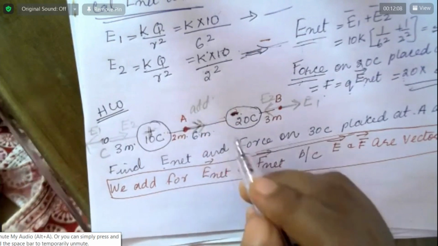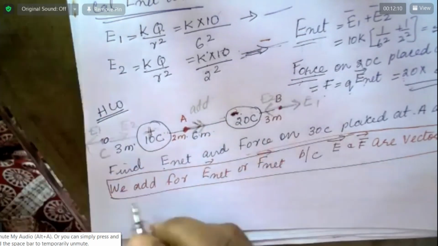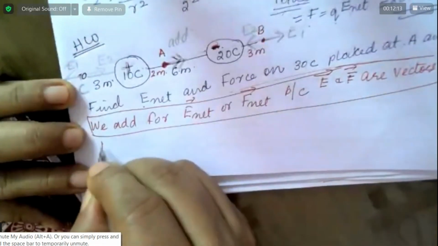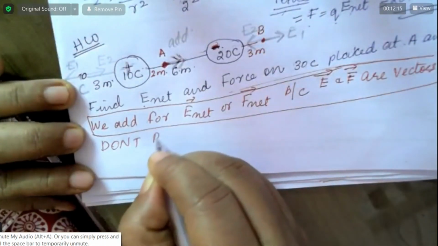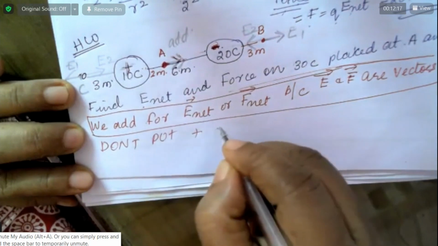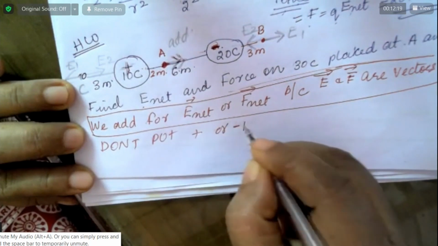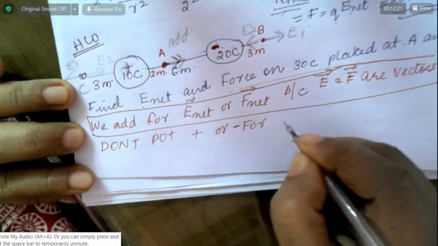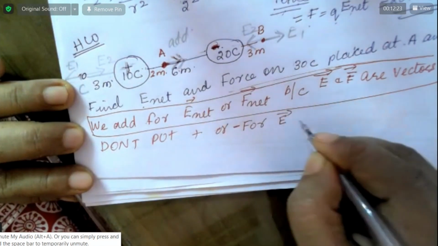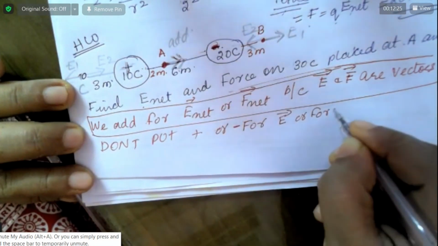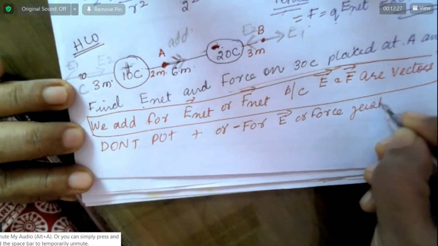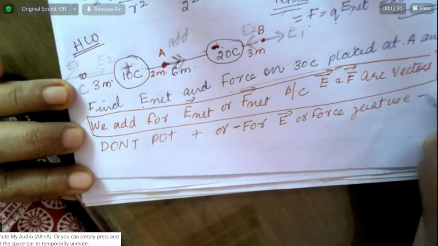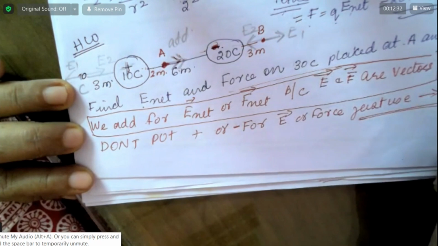So don't put positive or negative for charges, electric field or forces. That also you write. Just use direction.